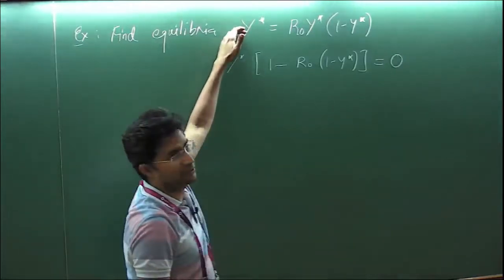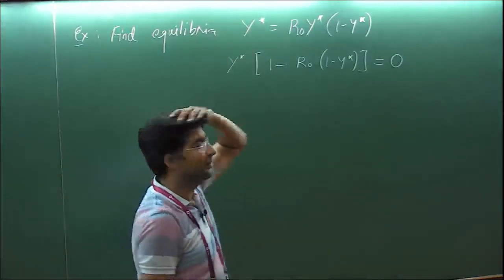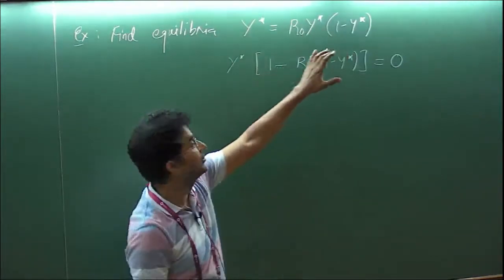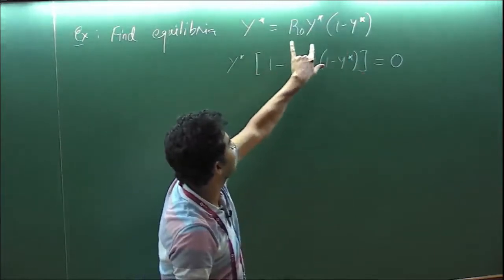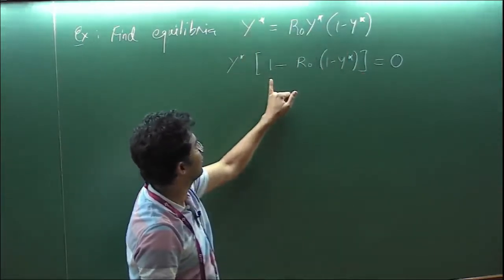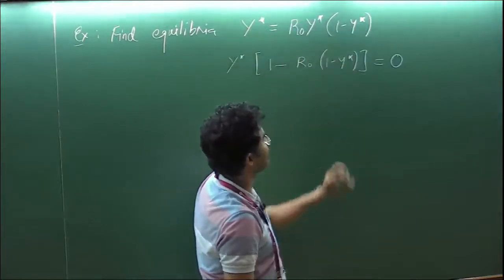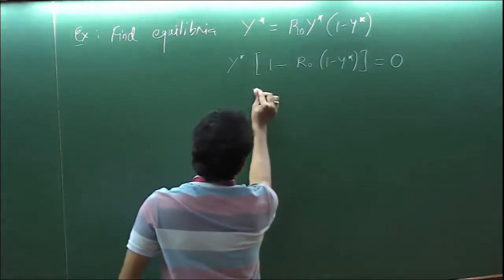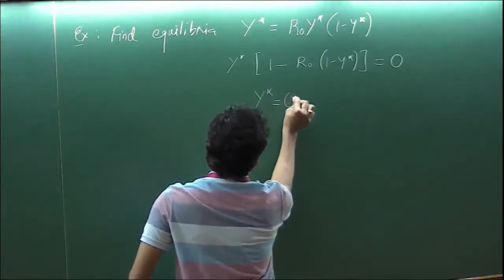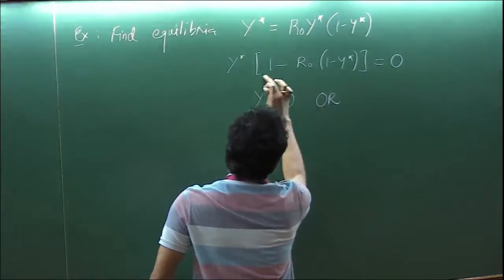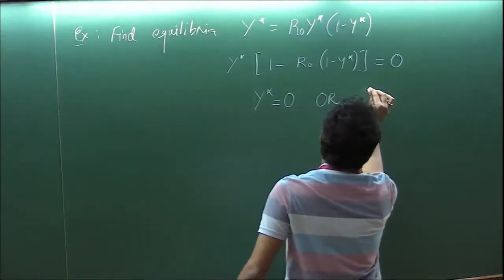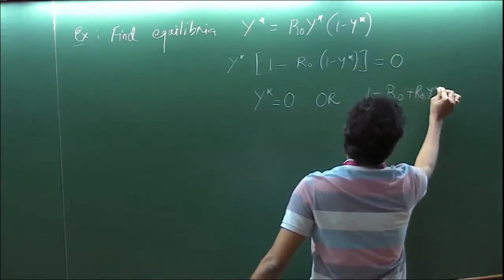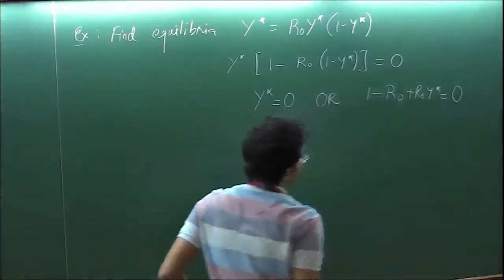For those without much mathematics background, are you clear how I did this? I've taken this to the left hand side and set the entire thing to 0, and between the two terms I have taken y star as the common factor. So the first term will now be y star, the second term will be without this y star. The product of two terms is 0, and that's possible if one of them is 0, or this is equal to 0, and that would give me 1 minus r0 plus r y star equal to 0.